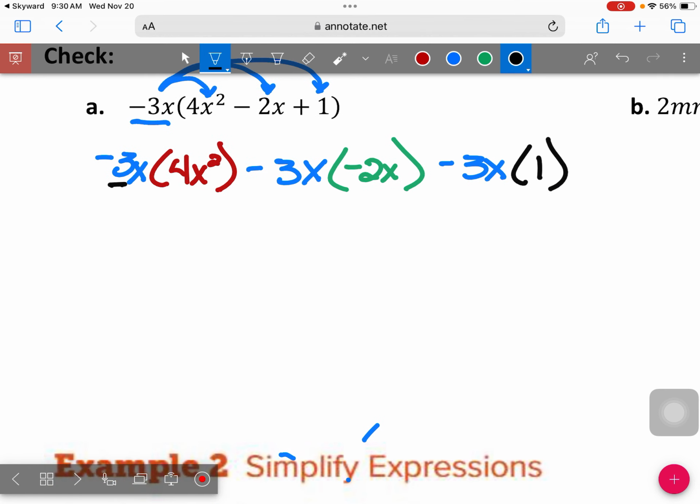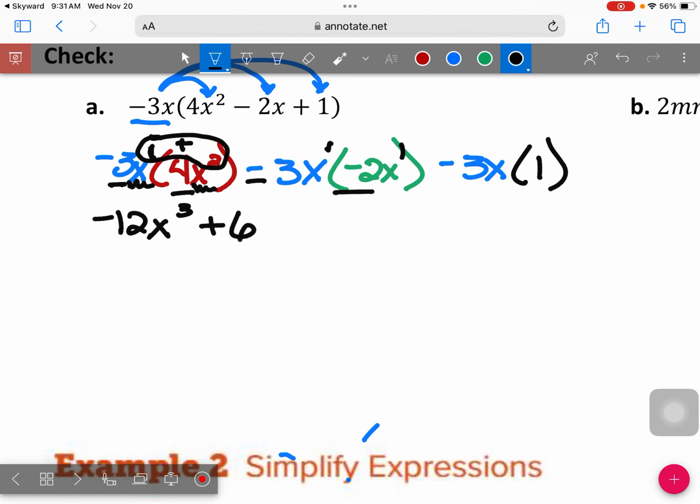So negative 3 times 4, negative 12. Remember, this is x to the first power, so I'm multiplying x here times x here. They have the same base. Add those exponents. So that becomes x to the third power. Negative 3 times negative 2 is positive 6.